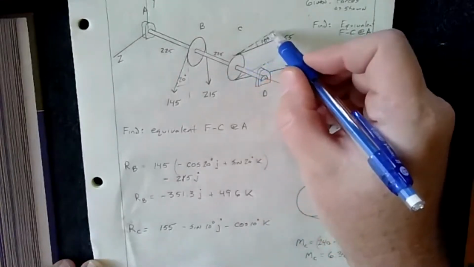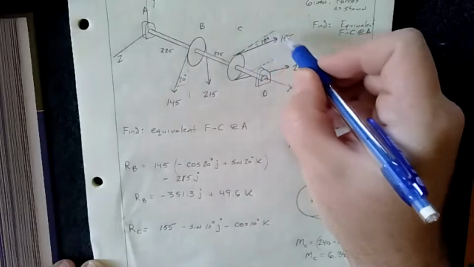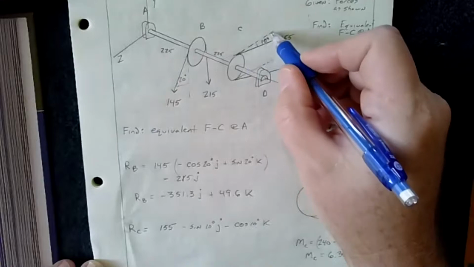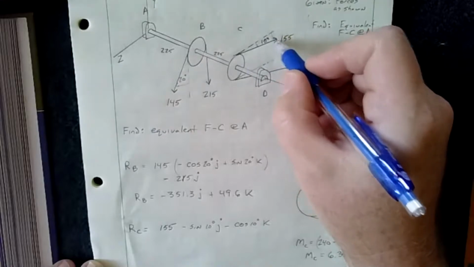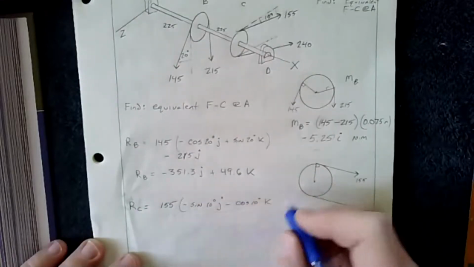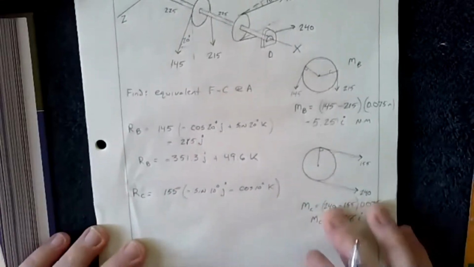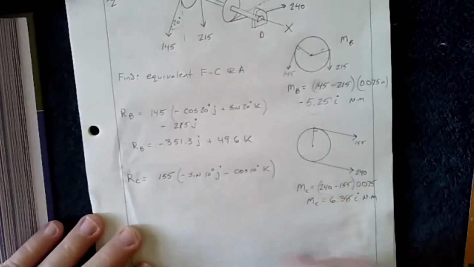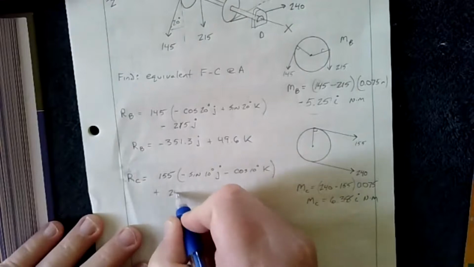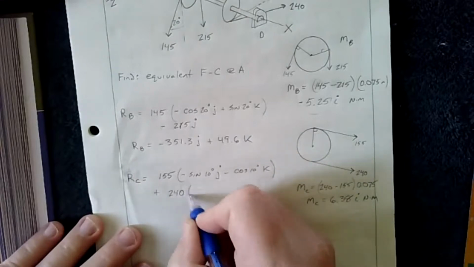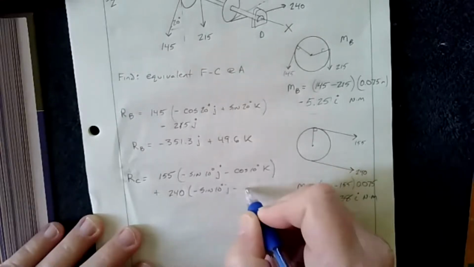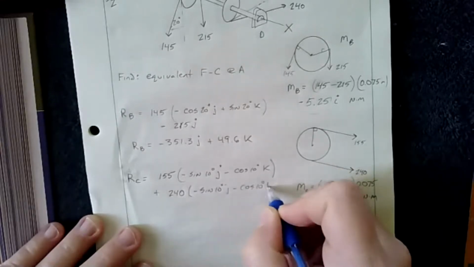This part of the 155 is going to negative k, so it's 155 times cosine 10, and that little part going down is the j component. Then I have the same thing: plus 240 times negative sine 10 degrees j minus cosine 10 degrees k.